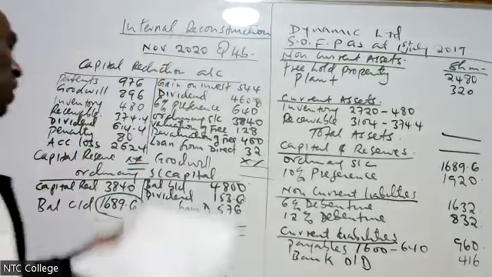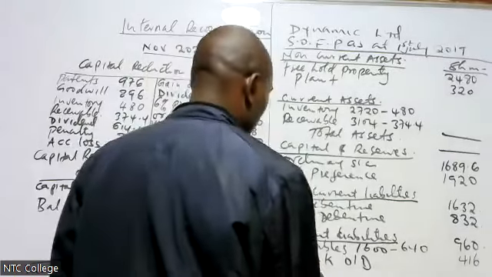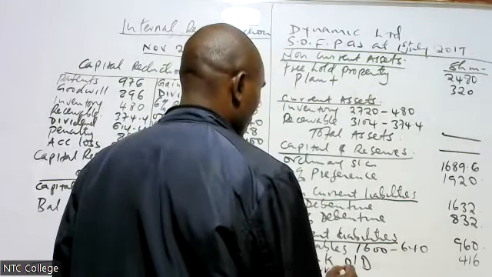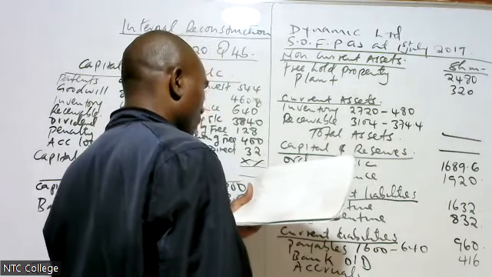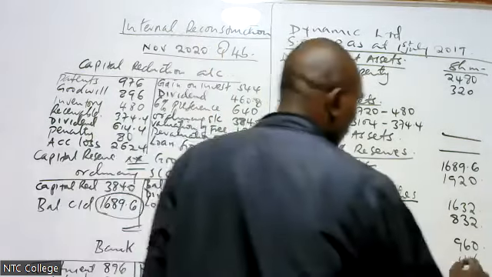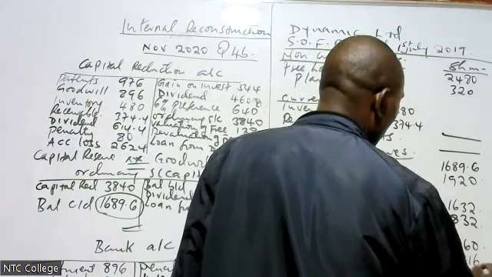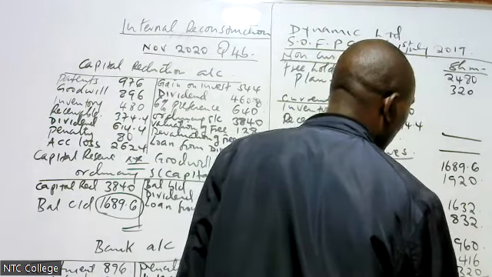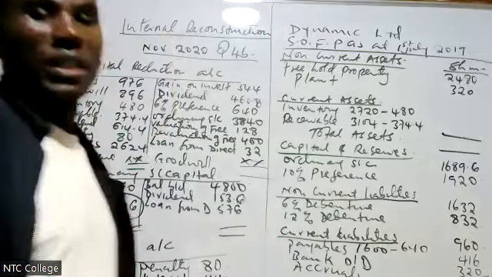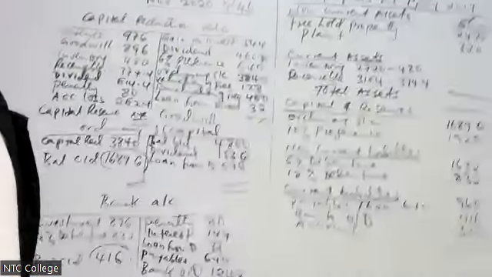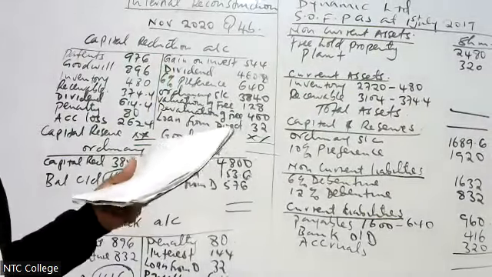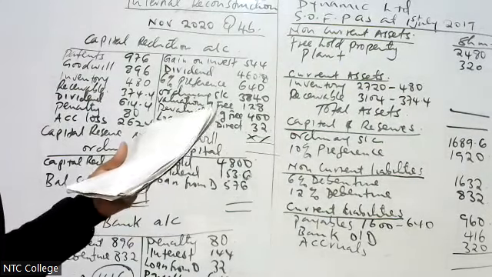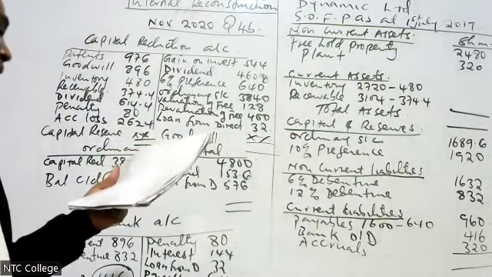Then in the balance sheet, we have accruals of 320. I believe those are the items affecting our balance sheet.